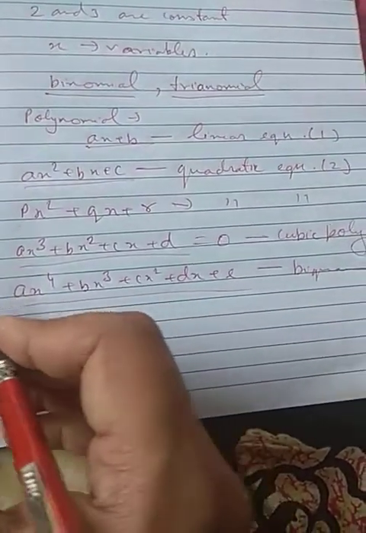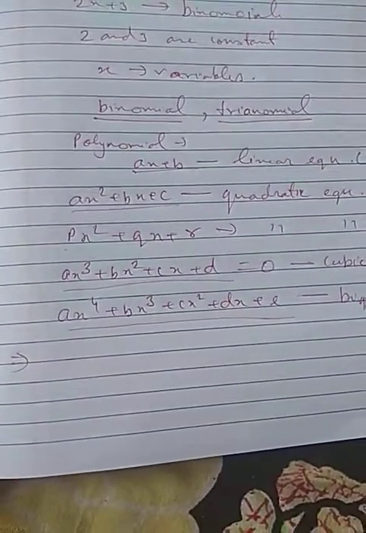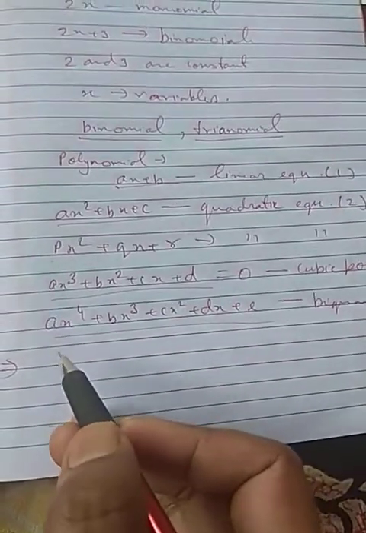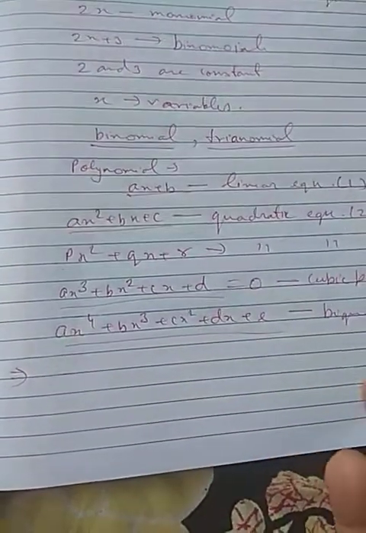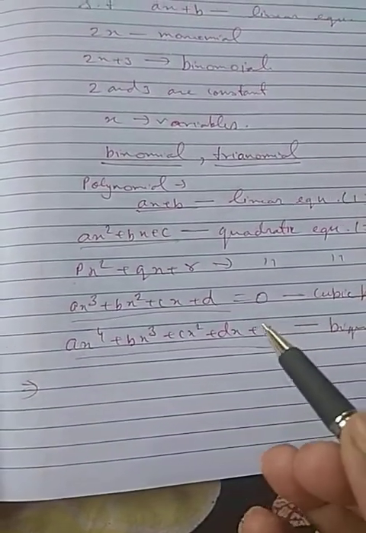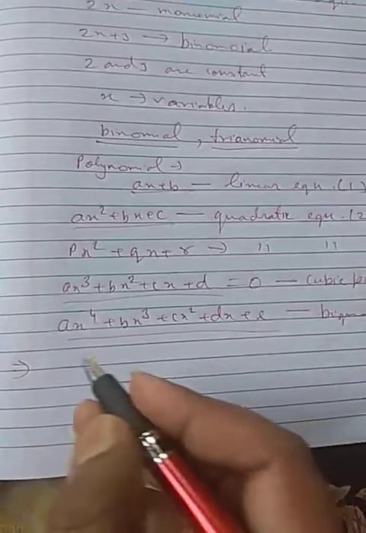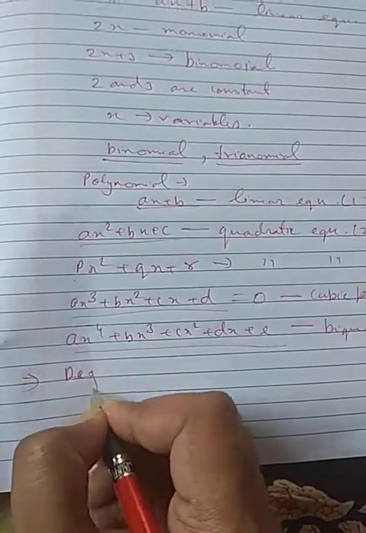The power 4 equation is not used much; it is used only in side books. We will study more about the power 3 and power 2 equations. For power 2 equations, we know how to factorize. First of all, we should remember what the degree of a polynomial is.